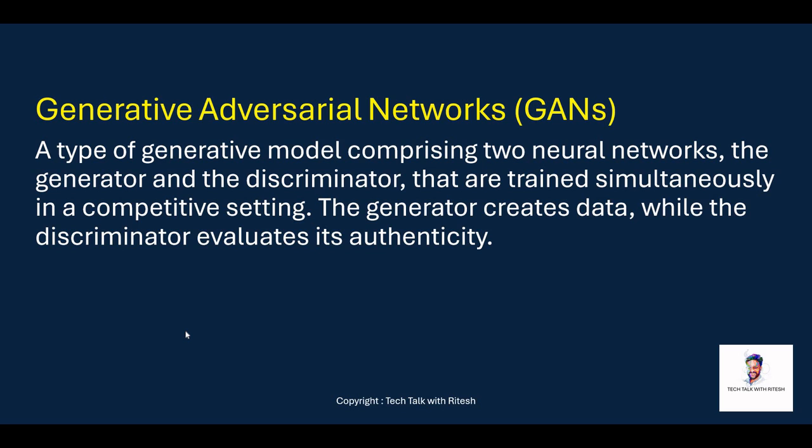Then GAN, Generative Adversarial Networks: a type of generative model comprising two neural networks, the generator and the discriminator, that are trained simultaneously in a competitive setting. The generator creates data while the discriminator evaluates its authenticity.